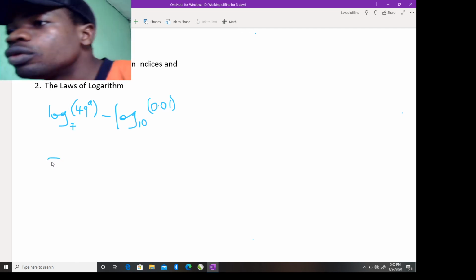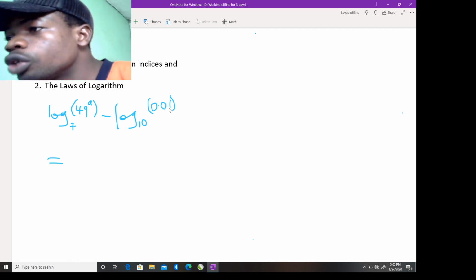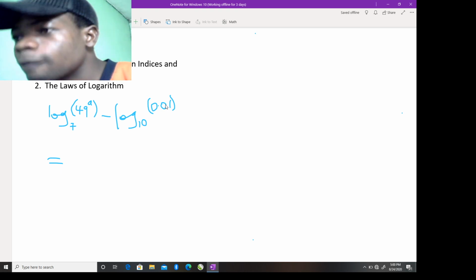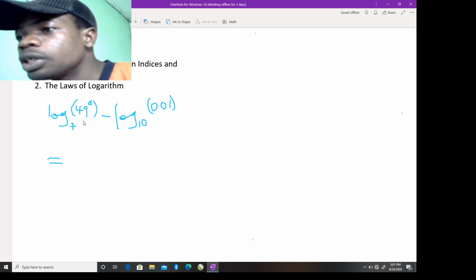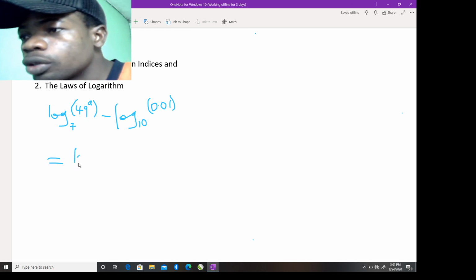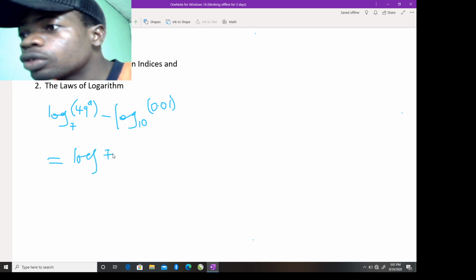All you have to do is to express all of them in power form. This one, change this one to fraction. This is base 7, this is base 10. So express this in power of 7. So you have log 7, 49 is 7 raised to power 2.